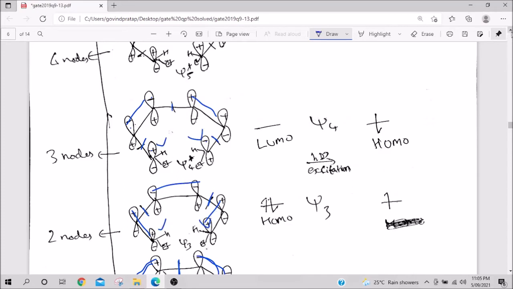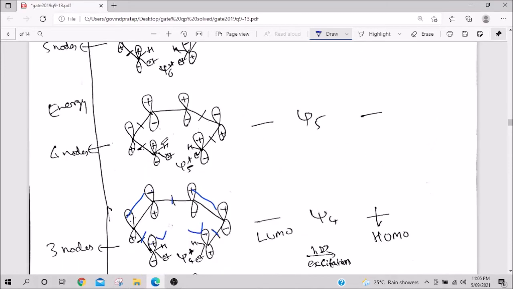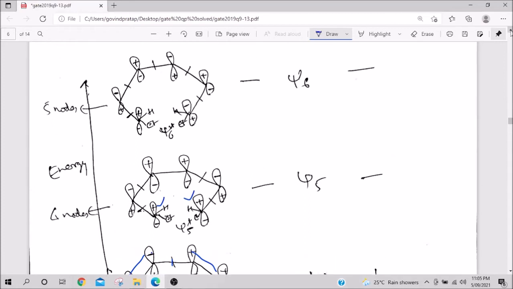Similarly if you come here, you will have again plus and plus, and finally you will have again plus and minus. See, on psi 6 you have 5 nodes, so everywhere the sign is changing. So it is plus, then minus, again plus, then again minus, then again plus, then again minus. And whatever is on top you will write the opposite down.